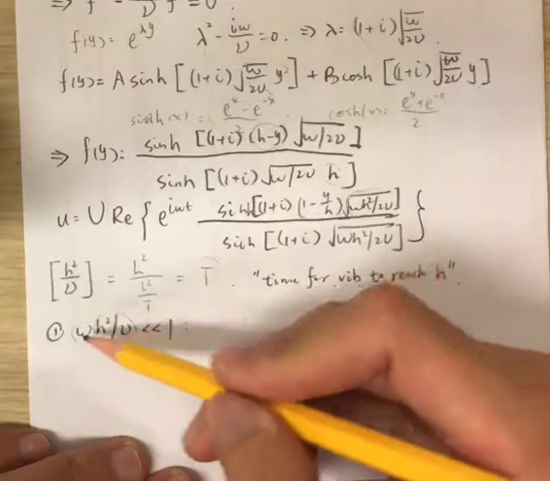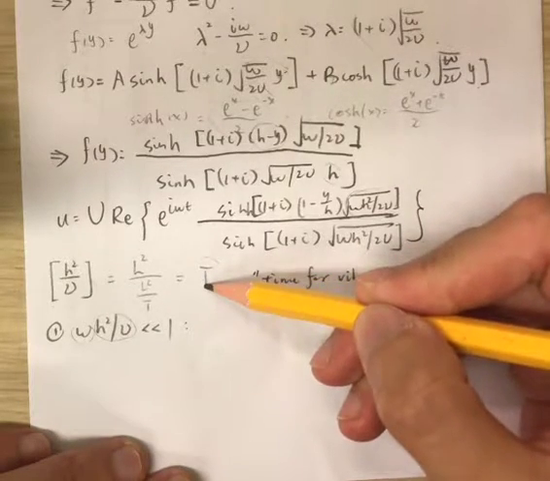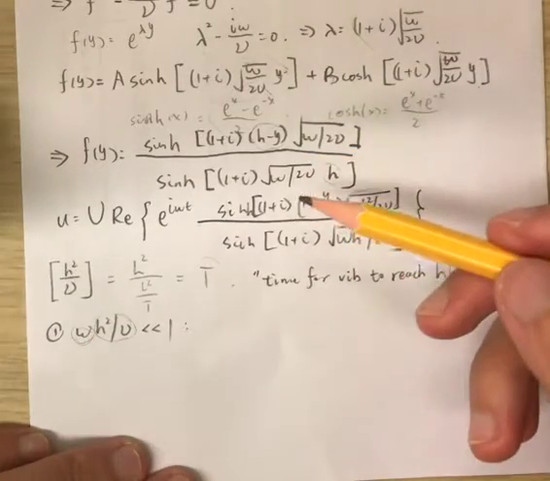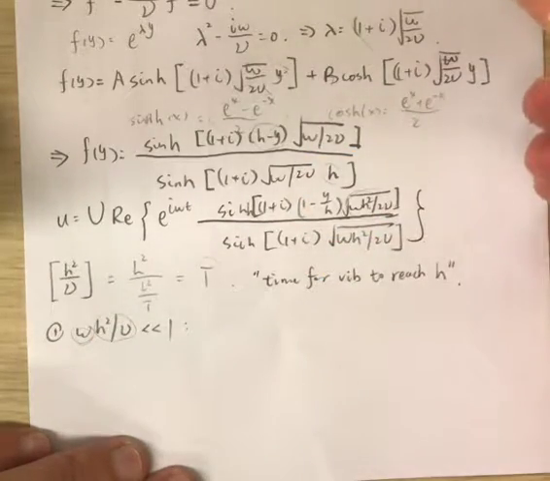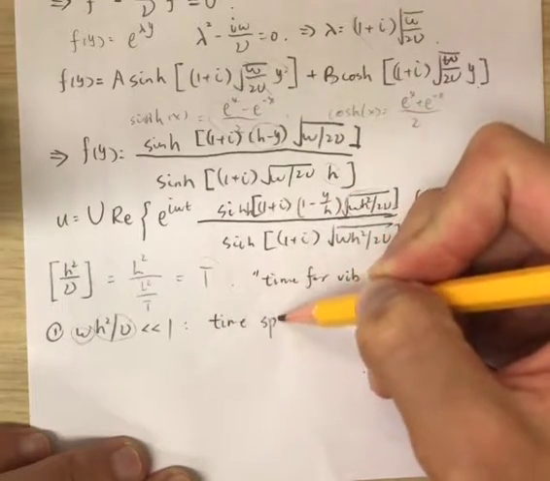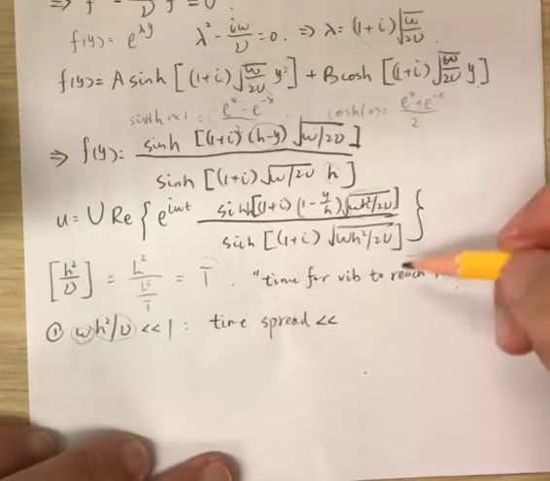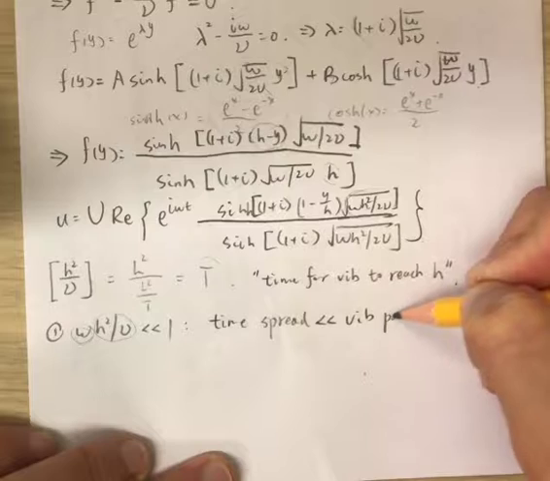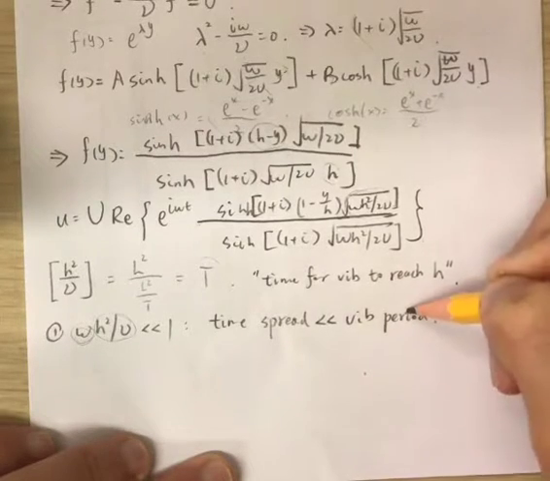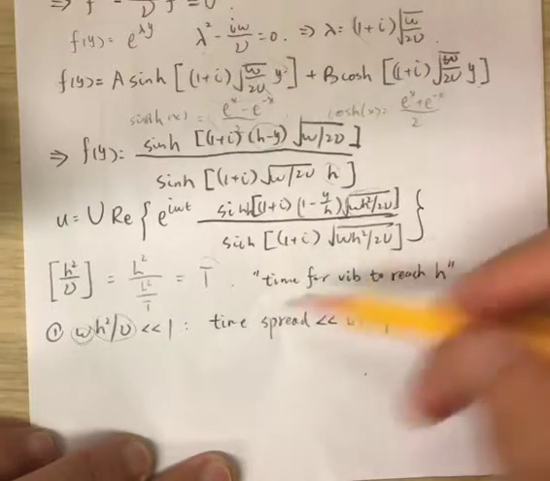So if the product here is very small, that is very near 0, then it means this time compared with this frequency is very small, right? So the time to spread is very, very much smaller than the vibration period. By period, I mean the cycle, okay? 1 over omega.